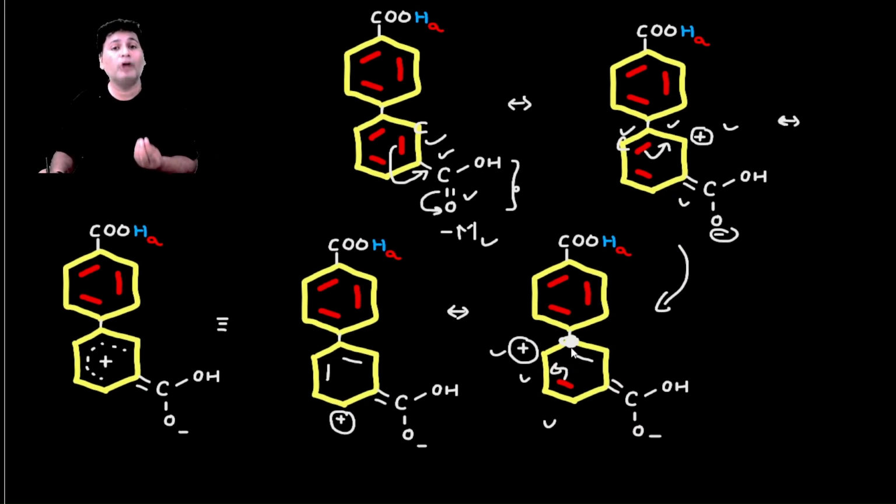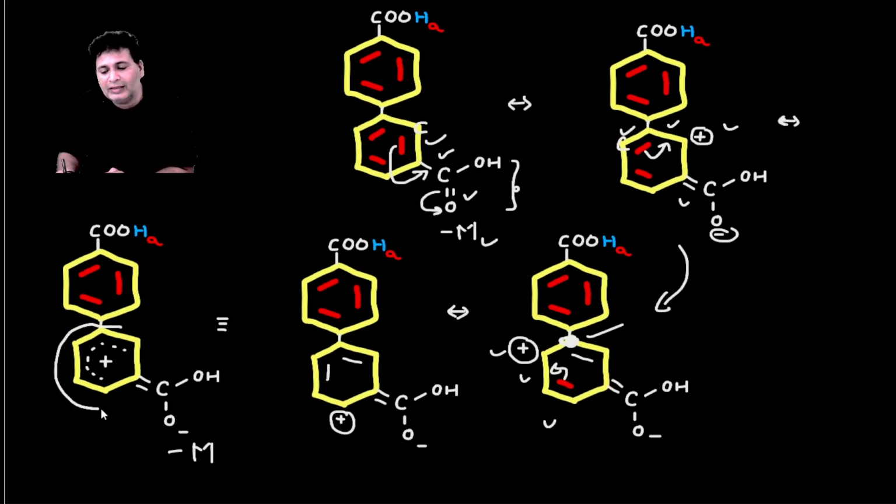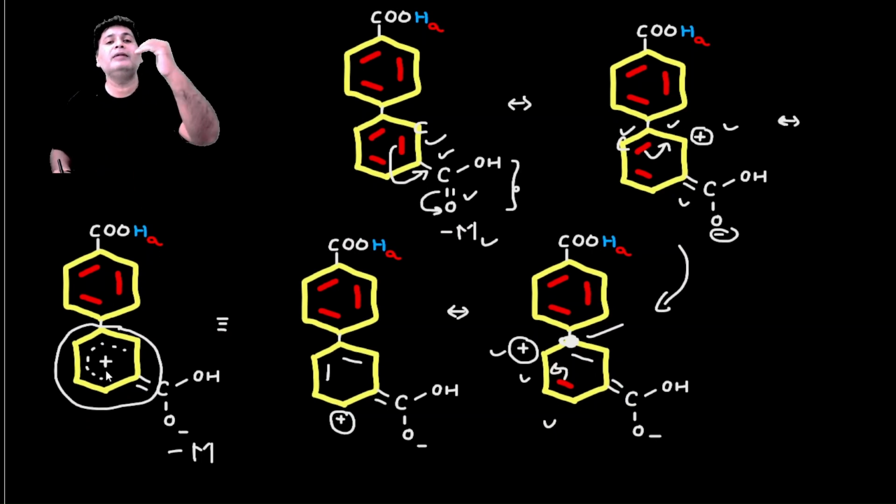But it has not happened. The plus could not come at this position, and if it fails to do so, there is no possibility of this plus charge going from the lower ring to the upper ring. So at the end of the day you will see that because of the minus M effect of the lower carboxylic group, the plus charge is created, but it remains localized in the lower ring only. It could not percolate to the upper ring through the mesomeric effect.